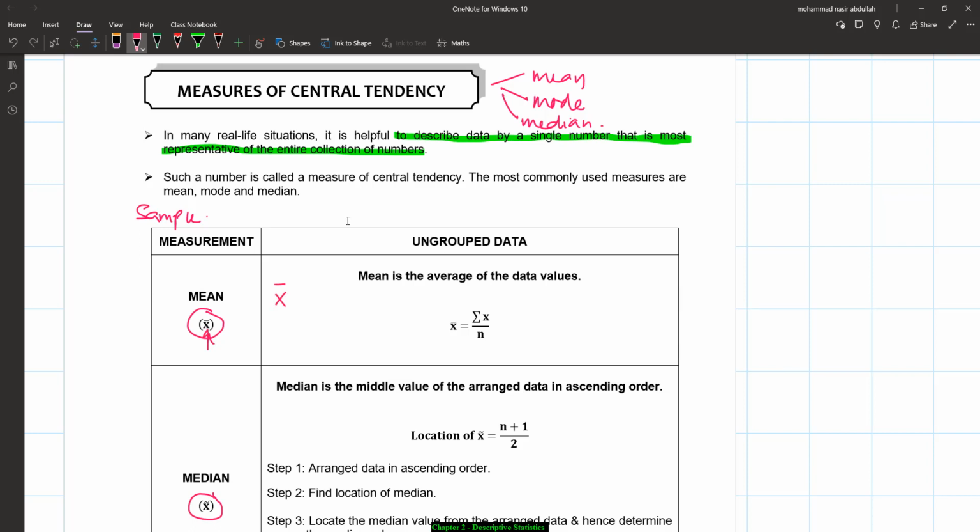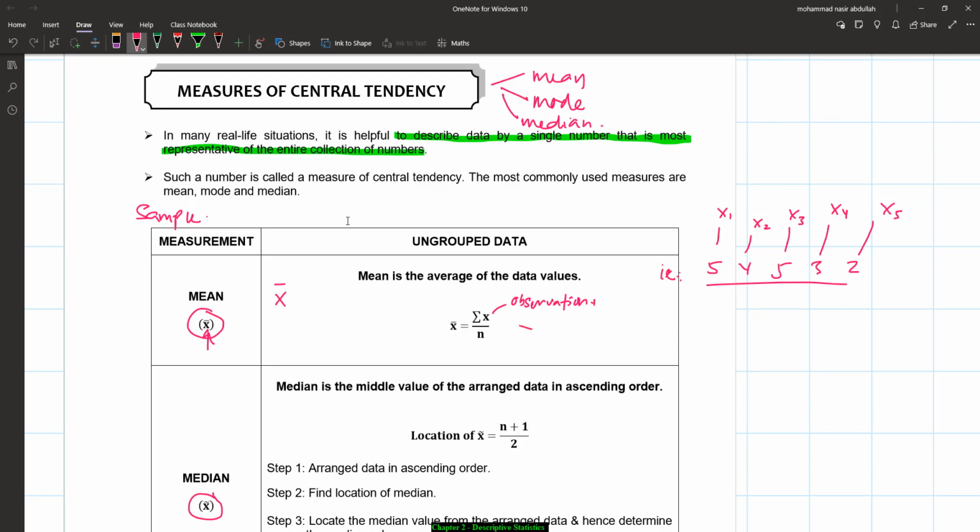The formula for mean is summation of x divided by n, where x is the observation. For example, let's say you have 5 observations: 5, 4, 5, 3, and 2. This is x1, x2, x3, x4, and this represents x5.